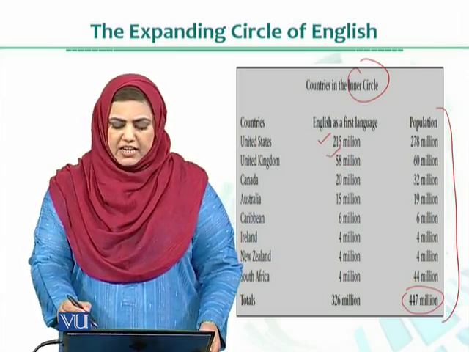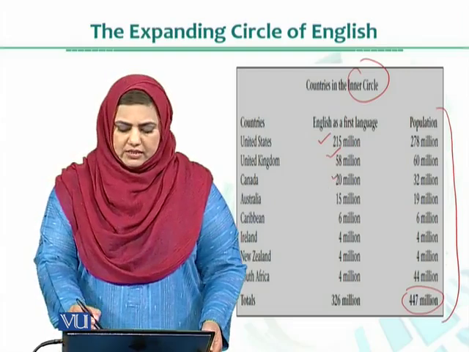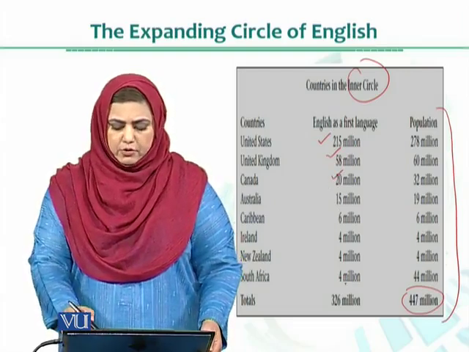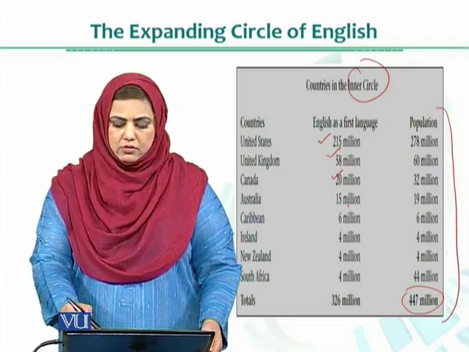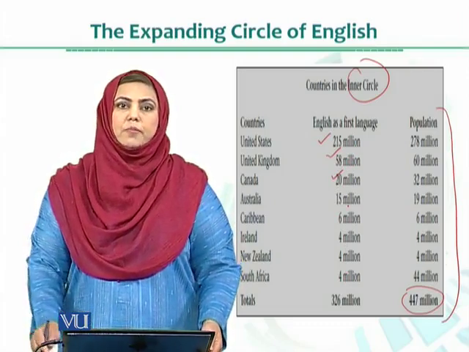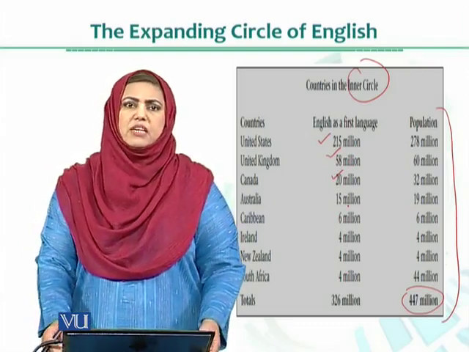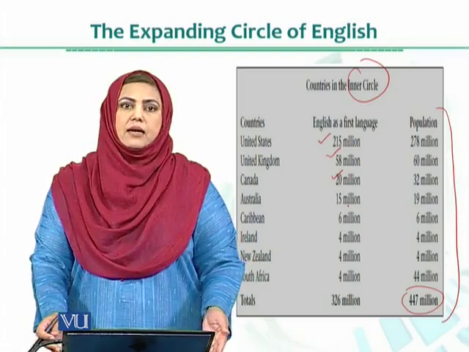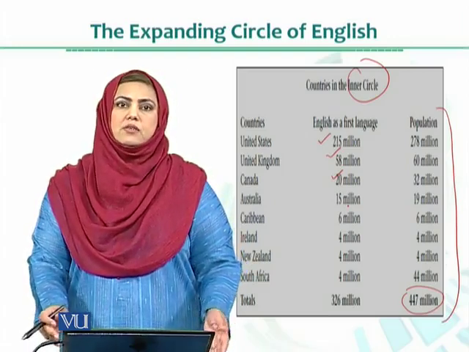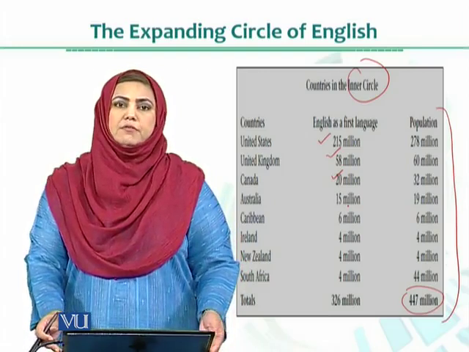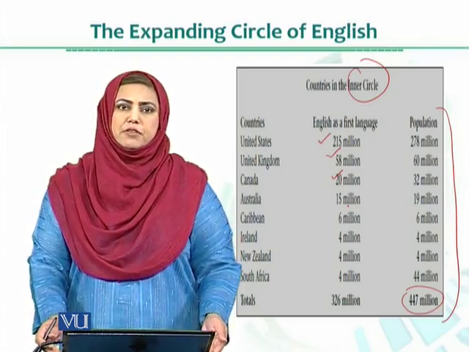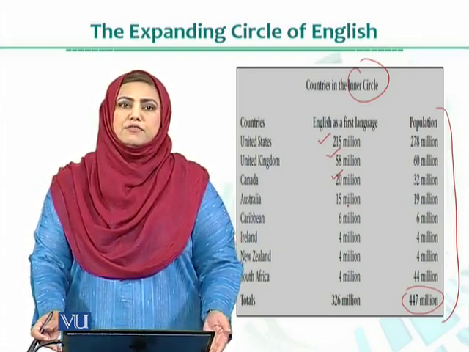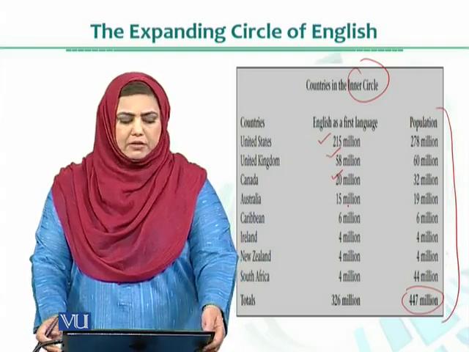United Kingdom, 58 million. Canada, 20 million. And so on and so forth. We have the figures of the population of all these countries. This is a very general kind of table that, with slight changes, you would find everywhere on different websites and in different books. Actually, these are different estimates that people have given at different times.